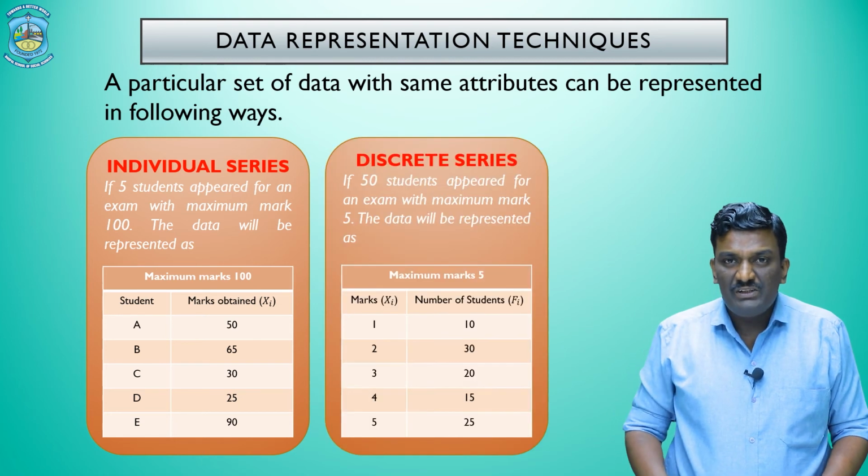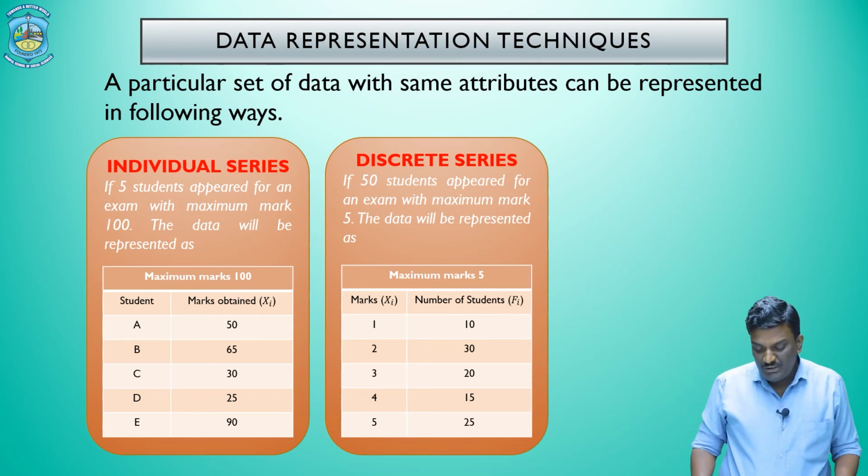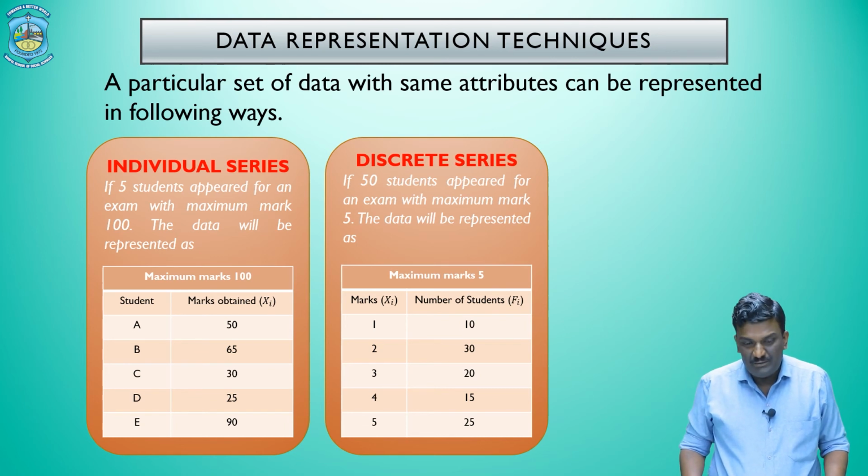In the second condition, next is discrete series. Here you can see 100 students appeared for an exam with maximum marks 5. There is a high possibility that many of the students will get equal marks. In this situation, when the marks are repeating, we write them in the form of frequency.